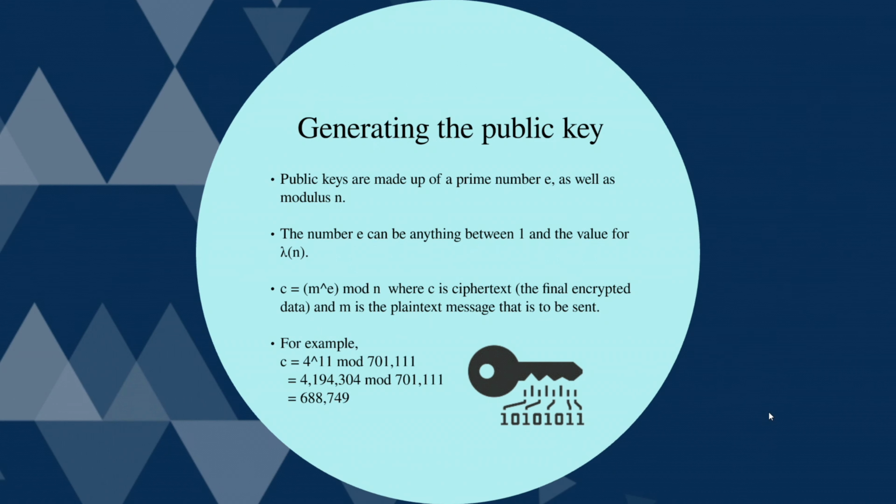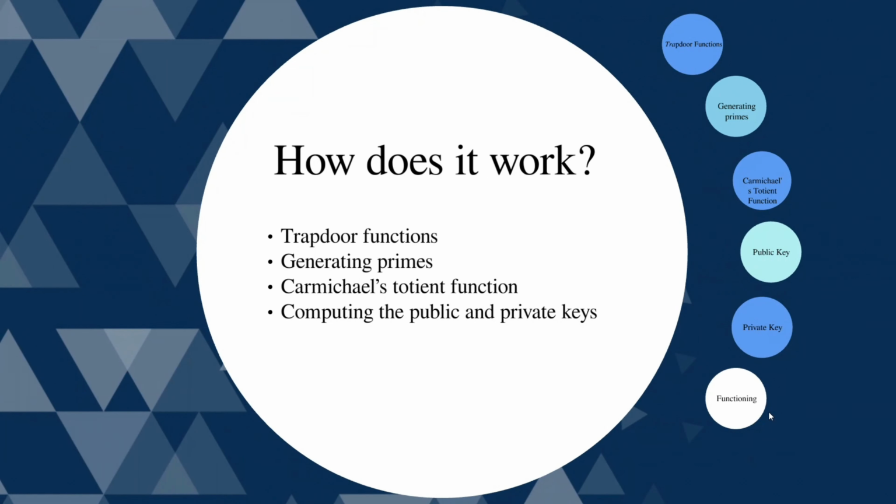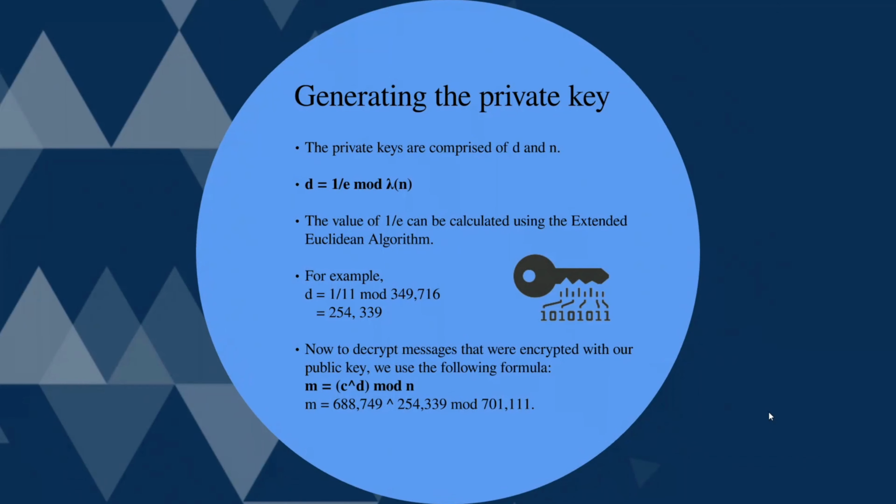So once data or a message has been turned into ciphertext with a public key, it can only be decrypted by the private key from the same key pair. Private keys are comprised of D and N. We already know N, and the equation used to find D is D equal to 1 by E mod lambda N. Here 1 by E doesn't mean you have to divide 1 with E, it just represents the modular inverse, which can be calculated using the extended Euclidean algorithm, which is a bit out of scope of this video.